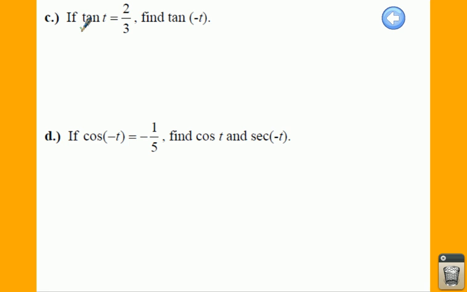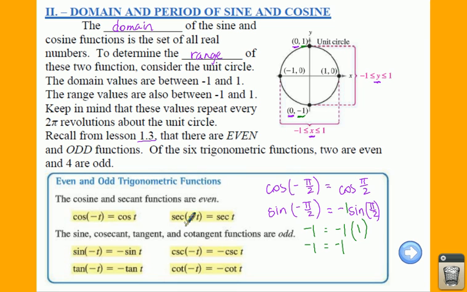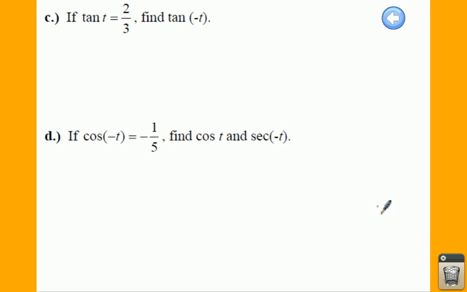Okay, so for C, this is a little different problem. It says if the tangent of t is equal to 2/3, find the tangent of negative t. Well, if we go back to look at our values here, tangent of negative t is equal to a negative tangent of t.